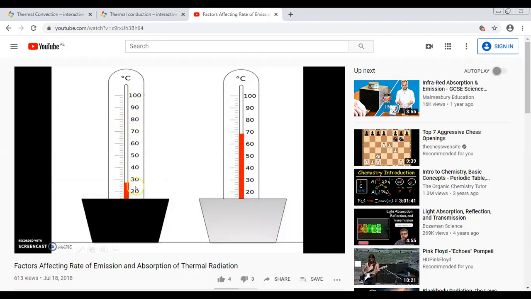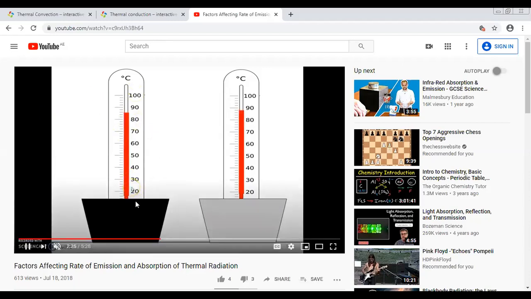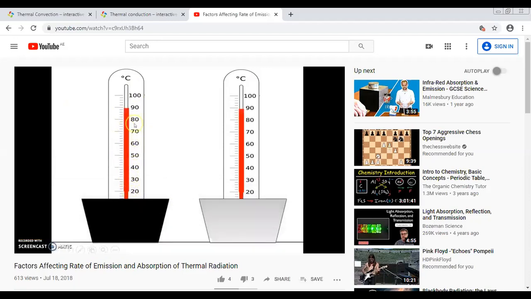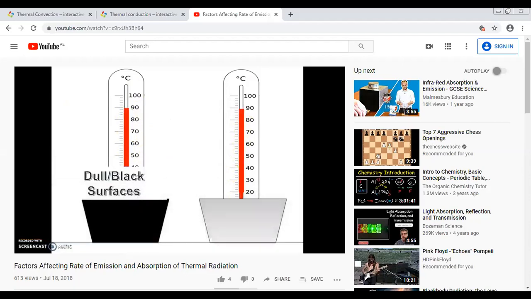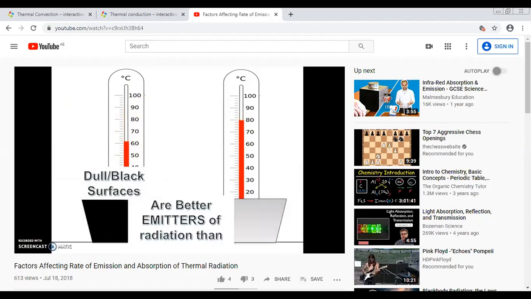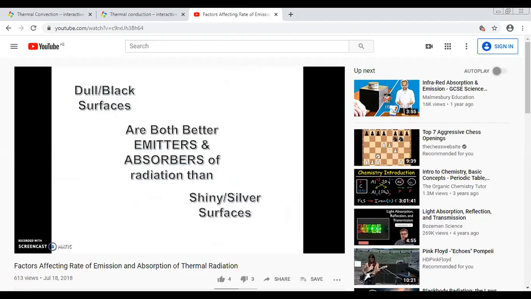Yes, so as you see, the matte black temperature falls down quickly, while the silver takes more time to fall. So the reason for this is that dull black surfaces are better emitters of radiation than the shiny silver surfaces.